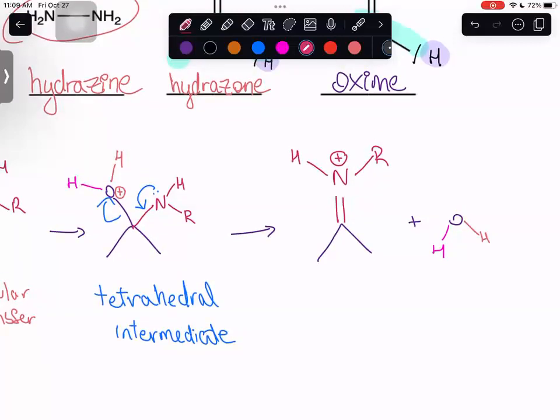Okay, we got to this point. This practically looks like your imine now. Remember, it's a double bonded nitrogen connected to an R group.